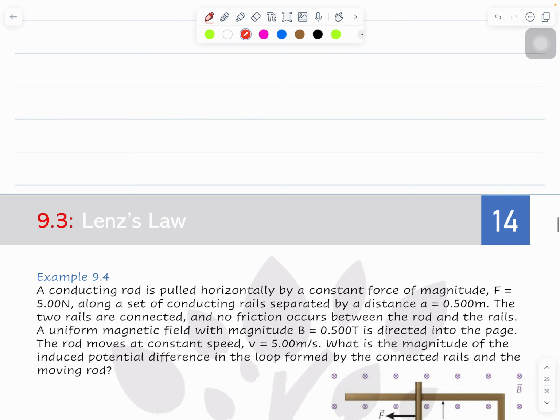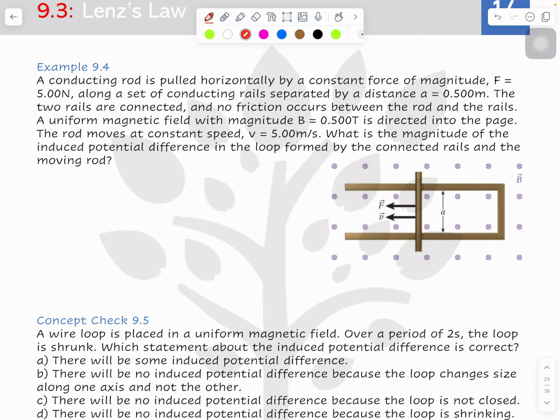So what is your next question? Guys, just read it carefully, this is a very interesting one.